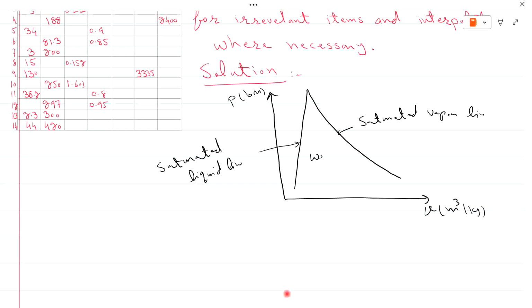This region is called wet region. This region is called superheated region. The saturated liquid line is that line at which water starts boiling, and the saturated vapor line is that line at which liquid is completely converted into vapor. Therefore, this is called saturated vapor line.